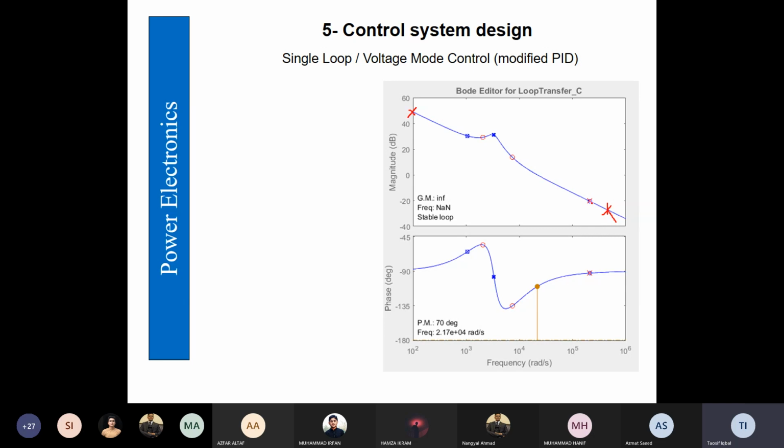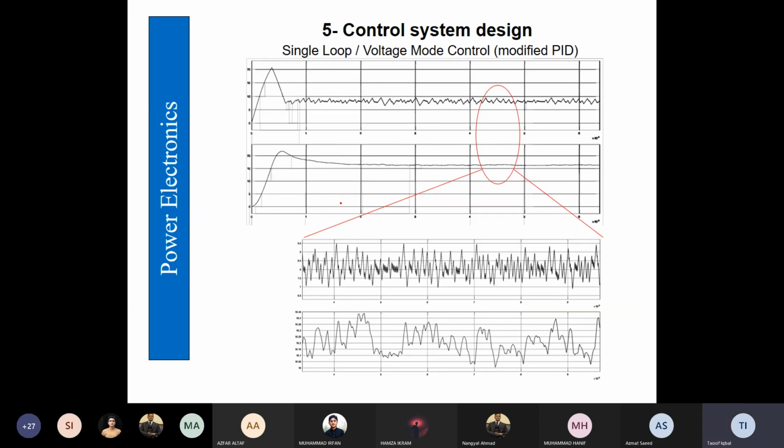One pole is required to minimize the effect of the ESR zero, and the second pole is required to increase the robustness and reduce the switching losses.